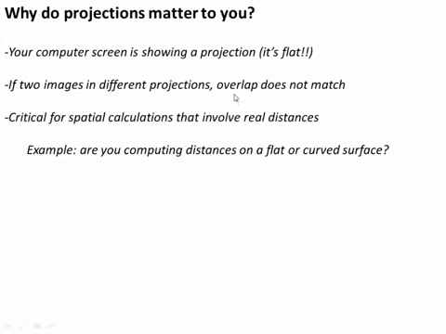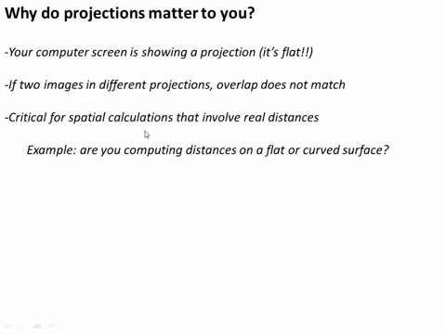Now in ArcMap, it usually projects data on the fly. So in fact, even if your data are in different projections, you're usually going to see them correctly rendered on your screen. And a final reason projections are super important is for any kind of spatial calculation. Keep in mind that when you project things, they get distorted.